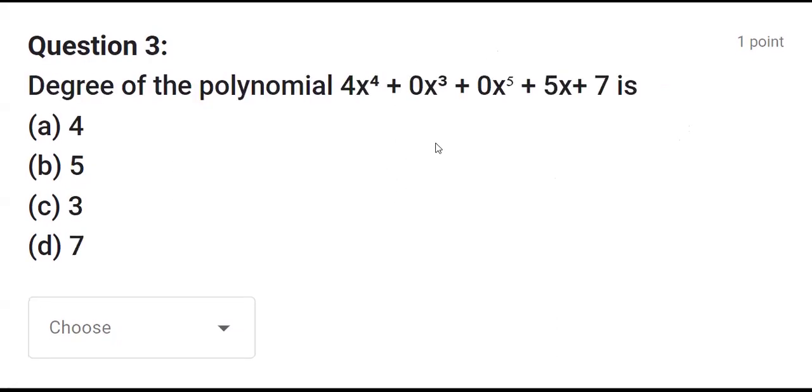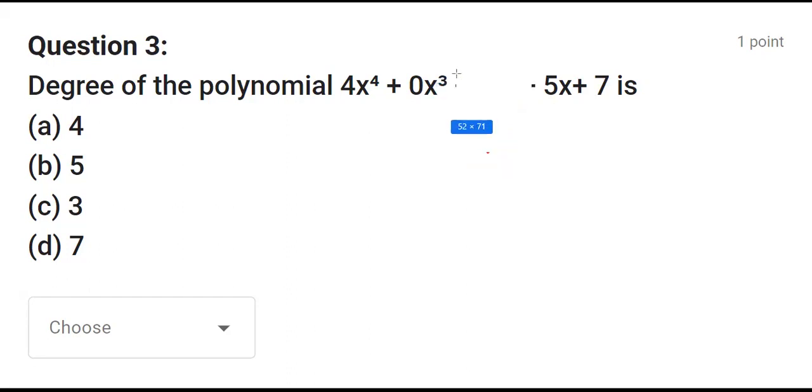In the next question, we again have to find the degree of this polynomial. Now look into this. Here you can see that although in the beginning the highest power appears to be 5, but this is actually 0. 0 multiplied by any number is 0. So we need to eliminate this portion, considering it is not there, because 0 multiplied by any number is 0.